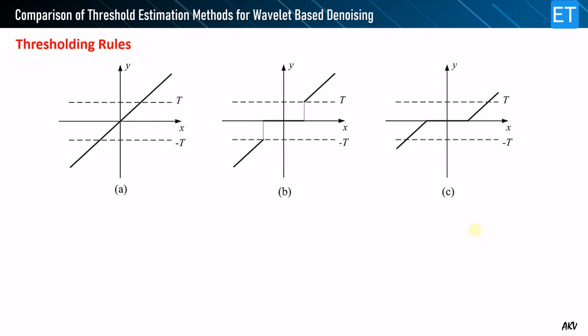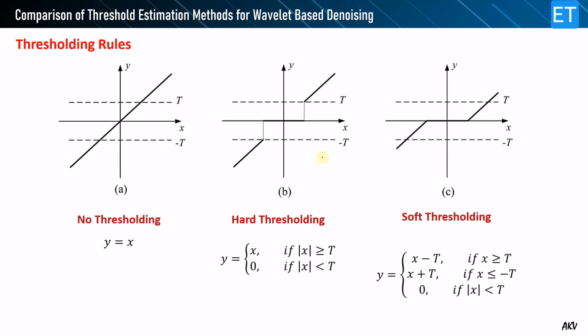And now come to the thresholding rules, how the wavelet coefficients are thresholded. These are two basic thresholding rules. In the first one, you get this 45-degree line. It means output equals input, so no thresholding. And this is the hard thresholding. All the wavelet coefficients which lie below the threshold T are simply zeroed out, and the rest remain the same. They are not changed.